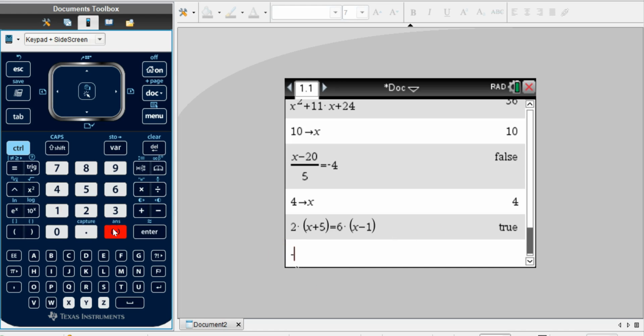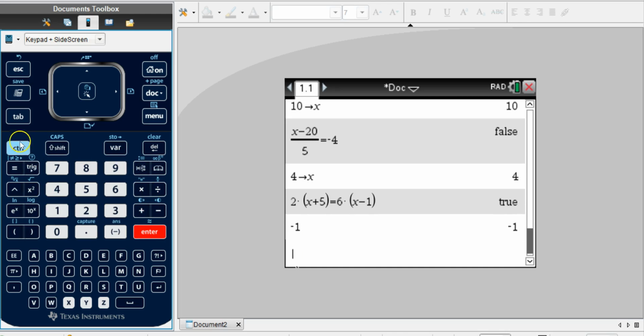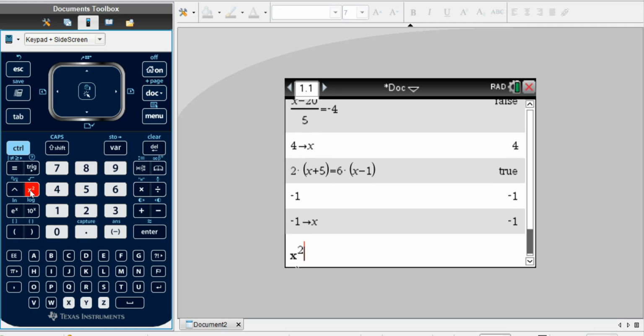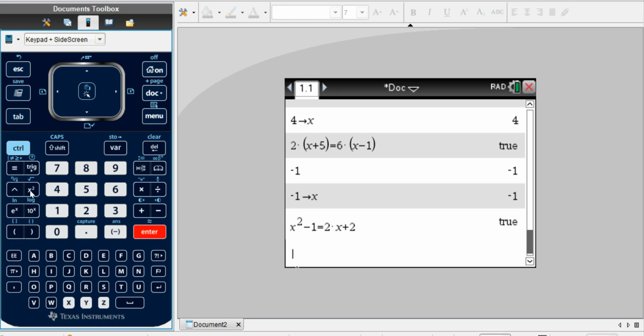-1. Make sure you understand that this number under the 3 is the negative. -1. Store x. X squared minus 1 equals 2x plus 2. Hey, if you're getting false, you got to figure out why.